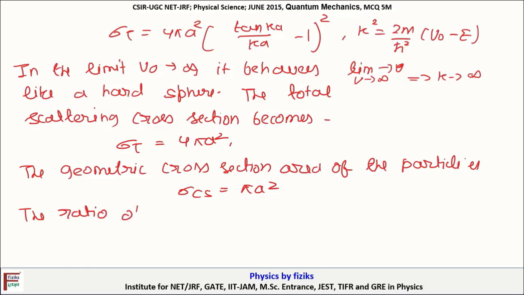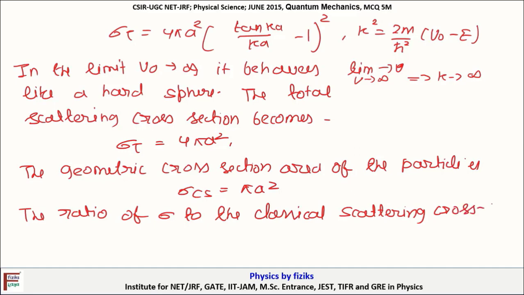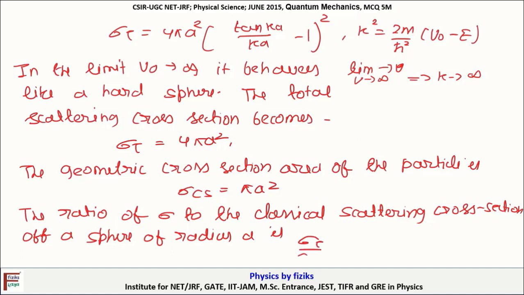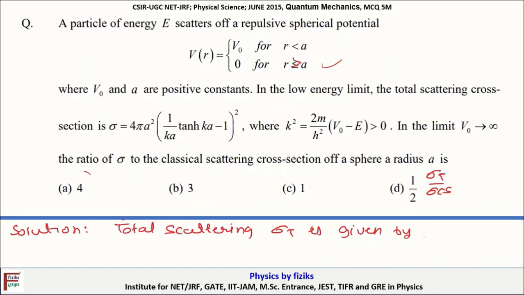The ratio of the total scattering cross section to the classical scattering cross section of a sphere of radius a is sigma t by sigma cs equals 4 pi a square by pi a square, equals 4. Thus, the correct answer is option A, 4.